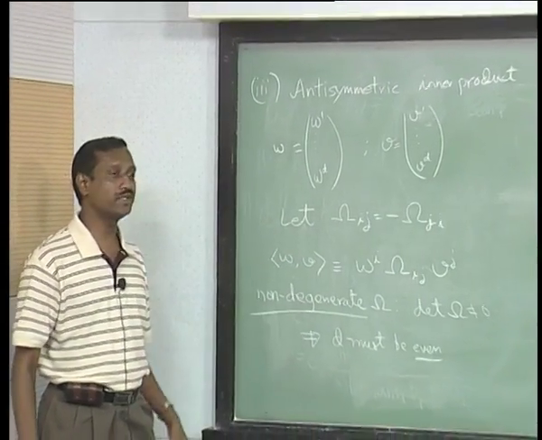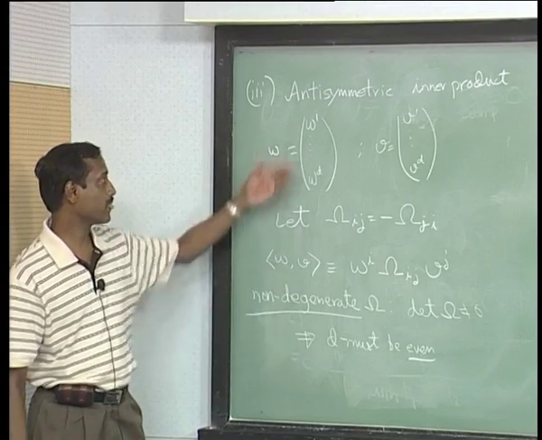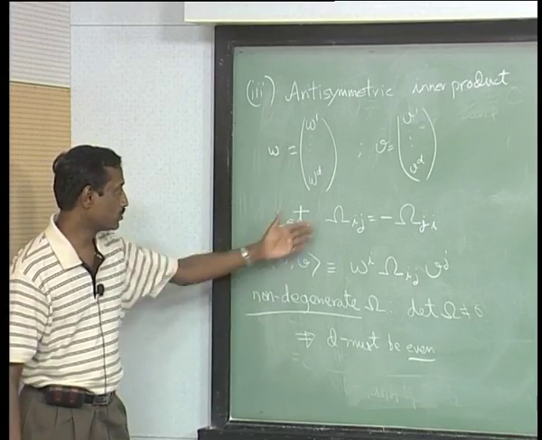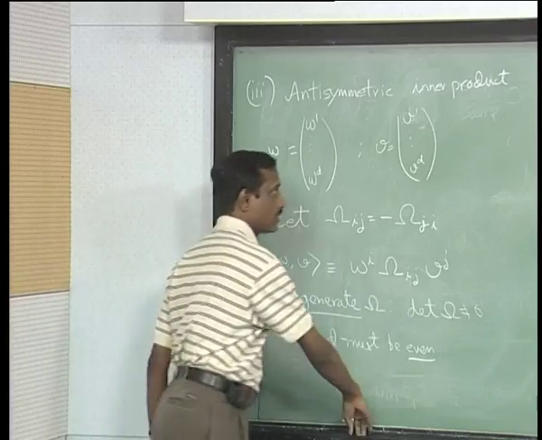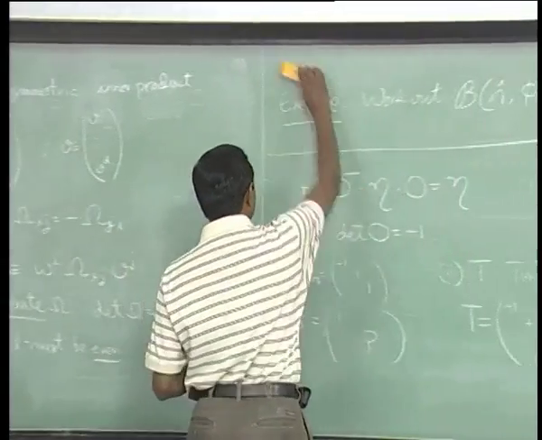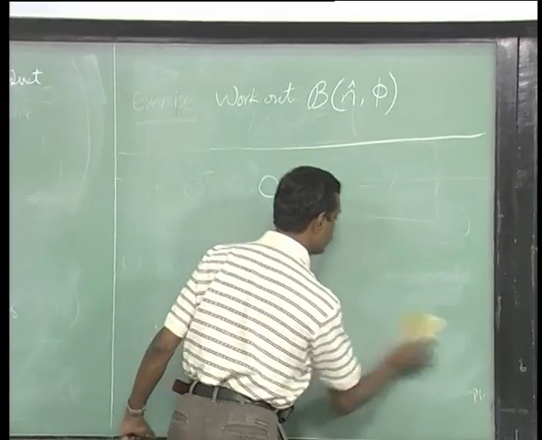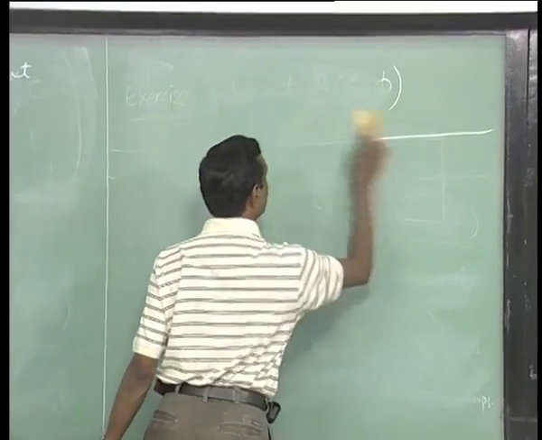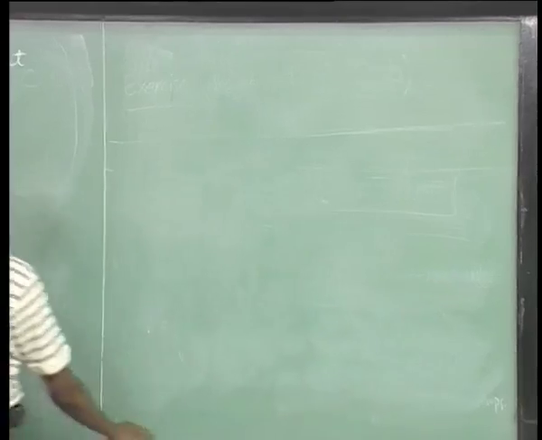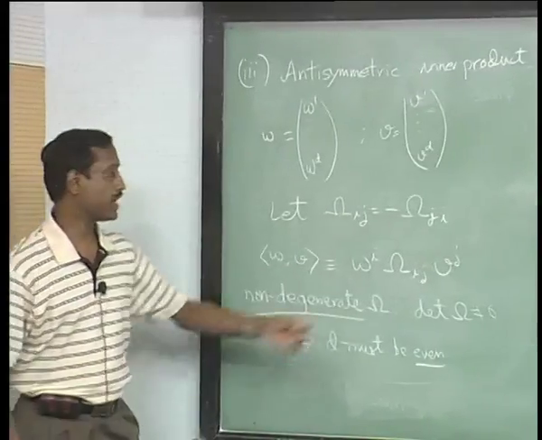If I put in a non degeneracy condition, you get a condition on D, and again we can look at the set of linear transformations that preserve such an antisymmetric object.